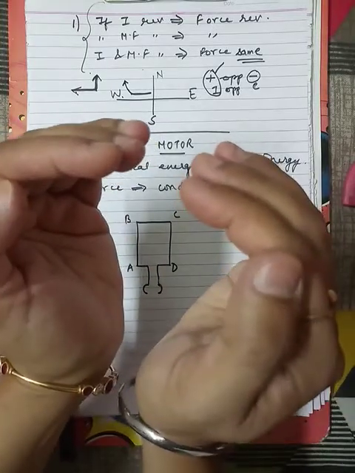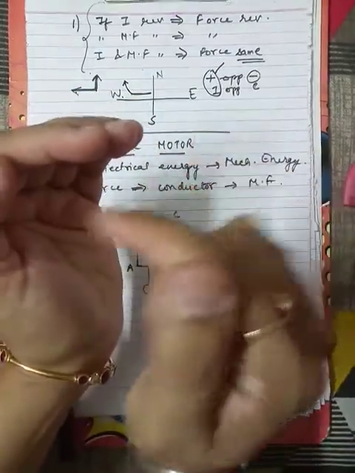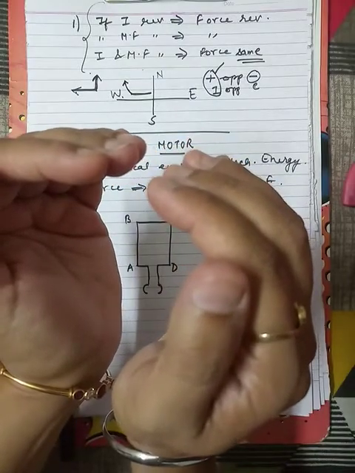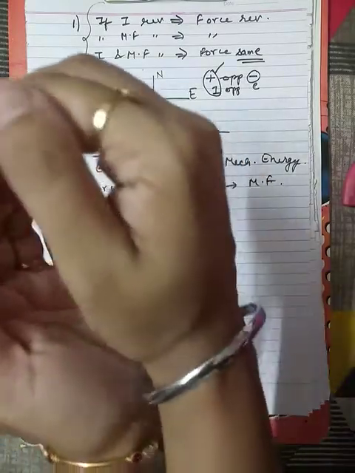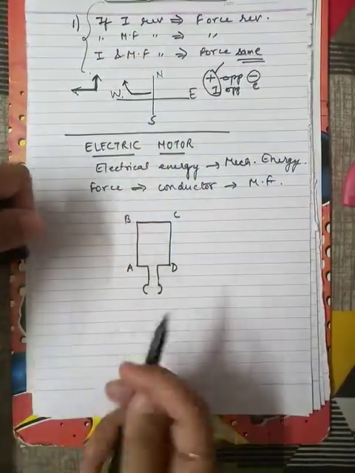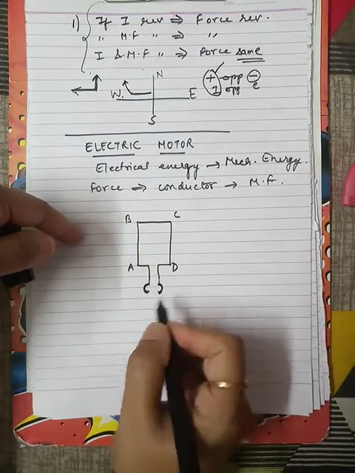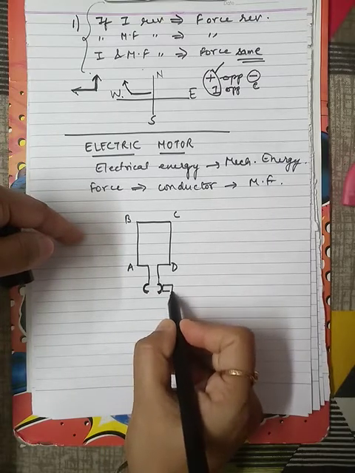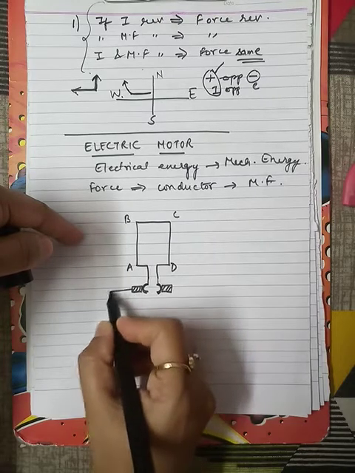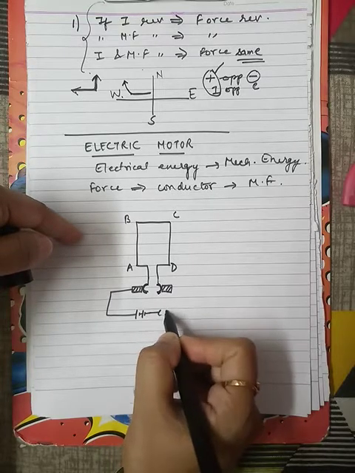And if this type of structure is placed on a cylindrical shape, then we have a cylinder and the split rings are placed on it. So split rings can be movable in this manner. Over here, split rings are shown like this. These split rings are attached with the brushes. These are carbon brushes which are conducting and making contact continuously with the split rings even if they are moving.